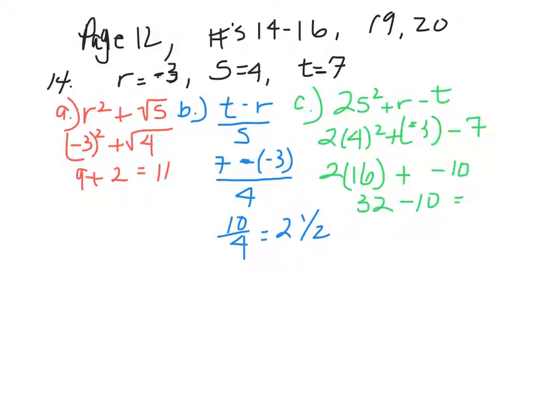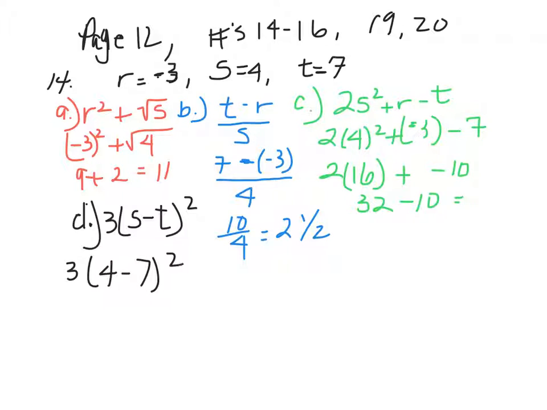How about D? D is 3 times the parenthetical expression s minus t squared. If we plug in our numbers, that means it would be 3 times 4 minus 7 squared.